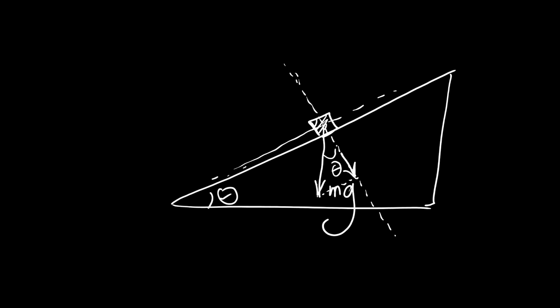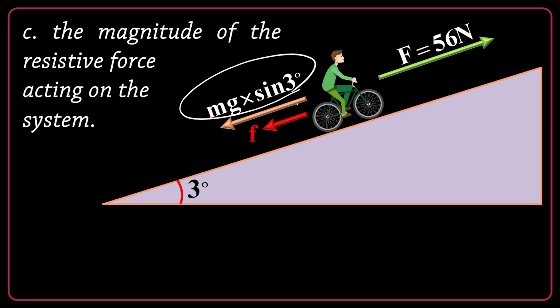So the normal component of mg on the ramp is mg cosine of theta, and the other is the component of the force along the ramp, which is mg sine of theta. Here we have used it. It's exactly mg sine of 3 degrees.